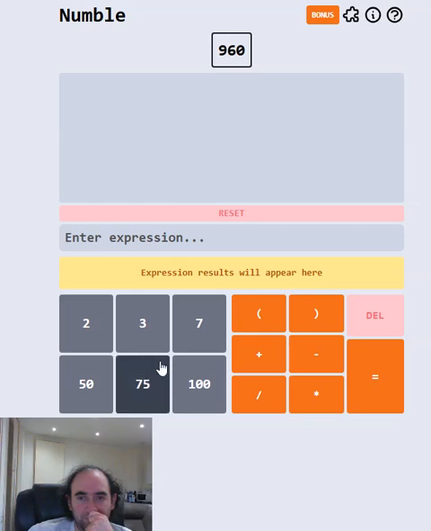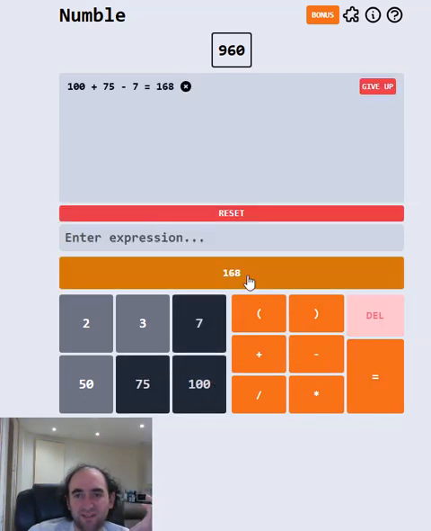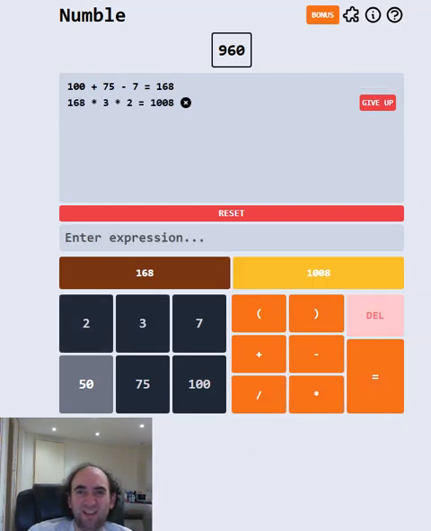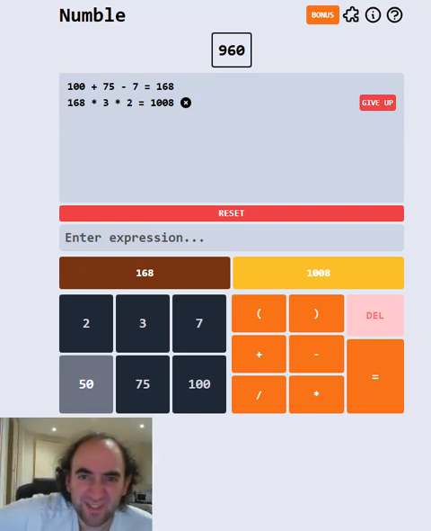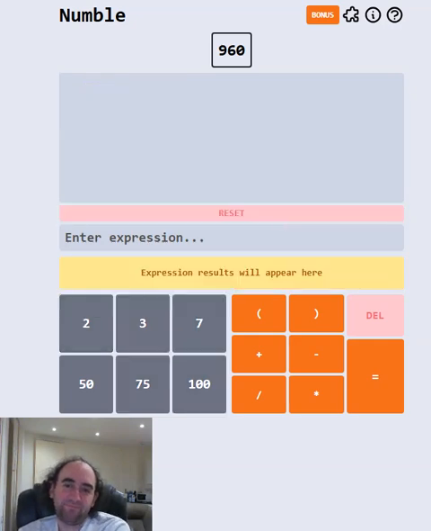I mean, we can get to 168, multiply that by 6. That gets us vaguely close for some definition of vaguely. We kind of just need to take away 8 at some point, but yeah, 160 is quite difficult to get. What else are we going to do?